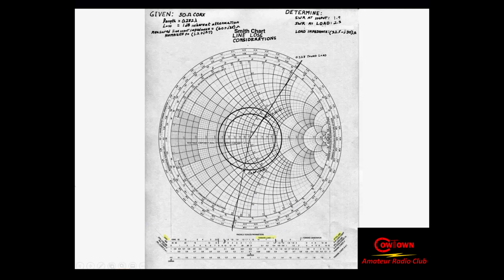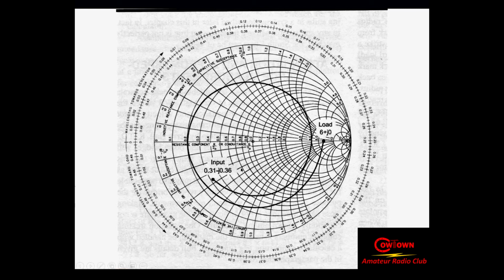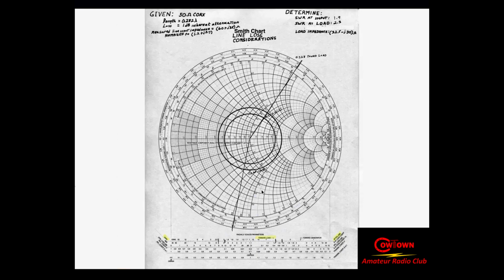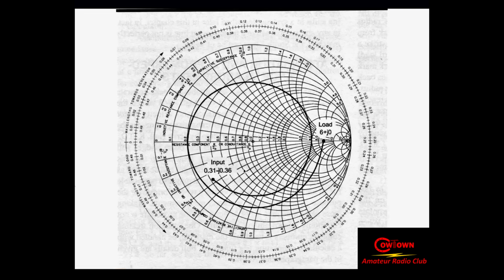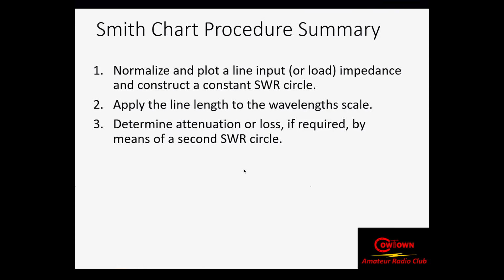That's the one that we care about. But if we were to really plot this thing step by step, it would be a spiral going around, not a single circle. But what we're going to work with now is this point right here.